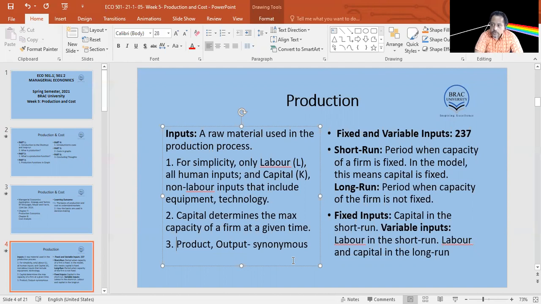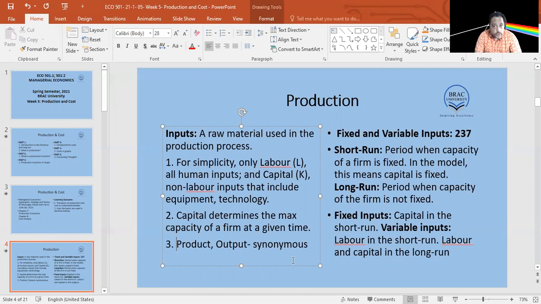On page 237 in McGuigan et al., short run is defined as a period when the capacity of a firm is fixed. Just now, we've defined the capacity of the firm to be determined by the amount of capital it has.